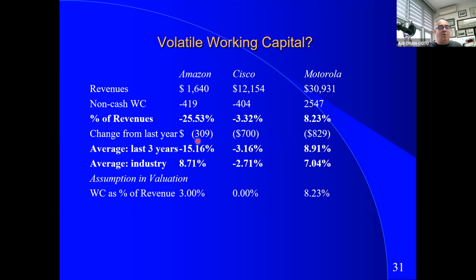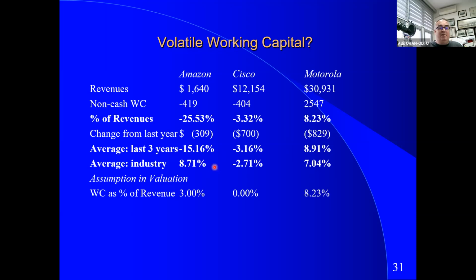And the year before, Amazon had still been negative, and Cisco was also negative. Motorola has gone from negative to positive working capital, so big change from year to year. Over the last 3 years, the average has been about 15% for Amazon, 3% for Cisco, and positive 9% about for Motorola.